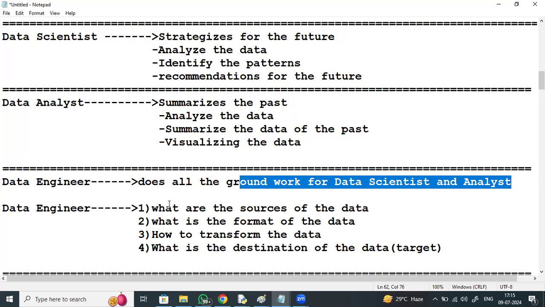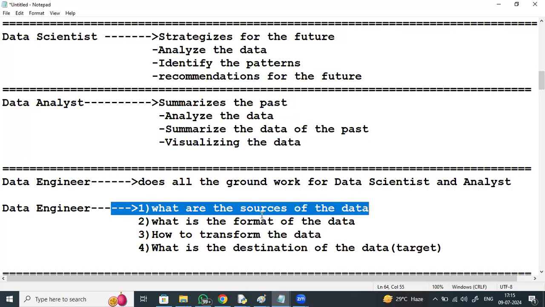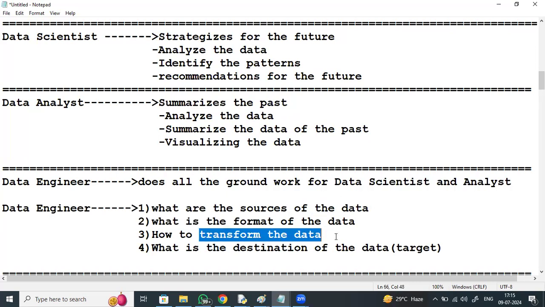What are the sources of the data? What is the format of the data? How to transform the data, and what is the destination? Everything is taken care of by the data engineer.